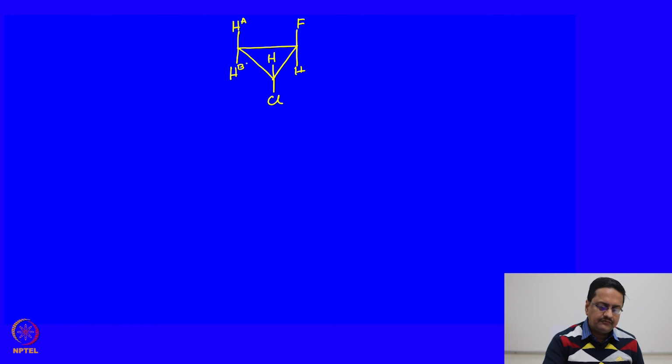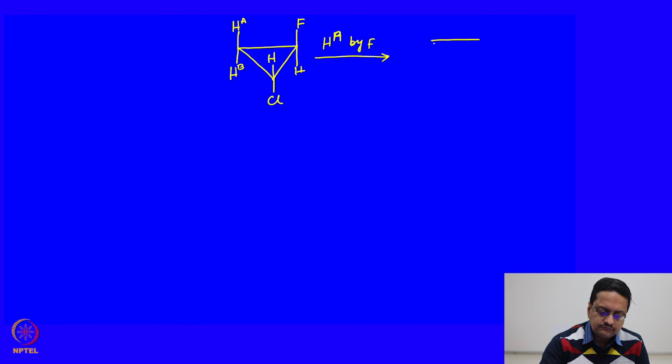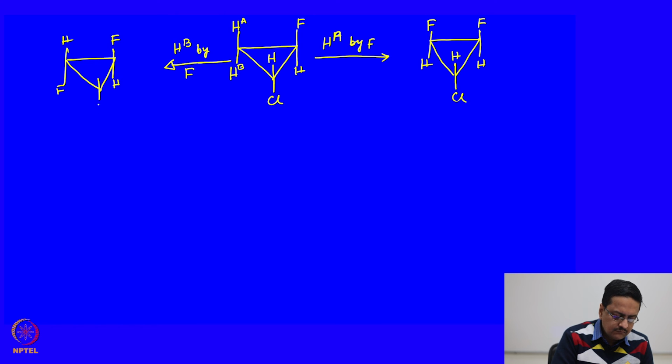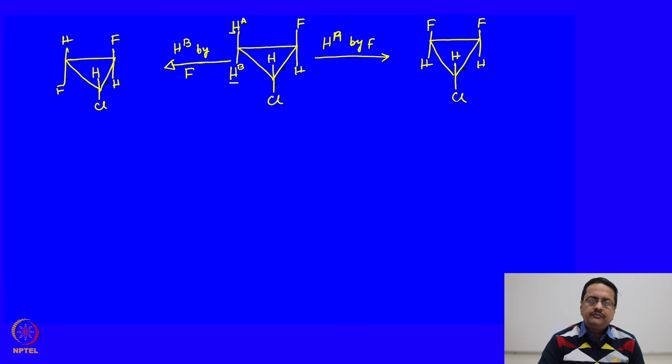So, this HA and HB that I have marked, let us see what happens when you replace HA and HB separately by F. What we see here is that, point number 1, this HA and HB cannot be interchanged by any symmetry operation C2, Cn or sigma or I, and then when we replace HA by F, we get this molecule.